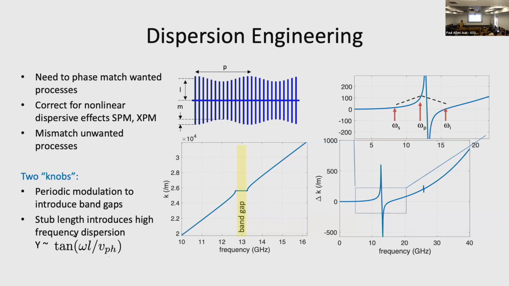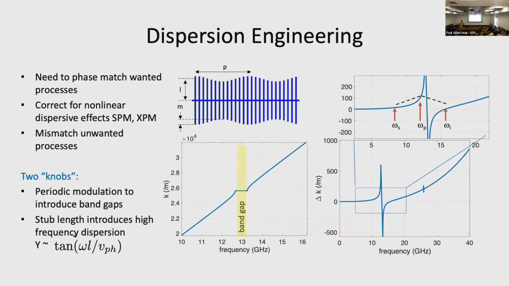So in our structures, we have two knobs that we use to do this dispersion engineering. First thing we do is we introduce a periodic modulation in the length of the shunt stub sections, and that opens up a band gap in the transmission. And then we put the pump near the band gap frequency, where you end up seeing some dispersion near the edges of the band gap.